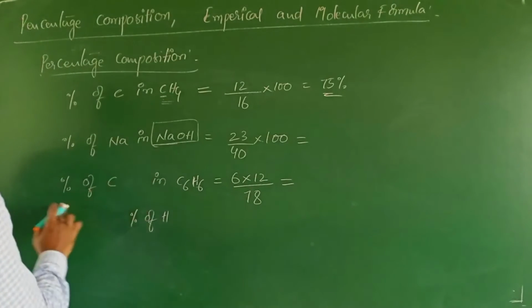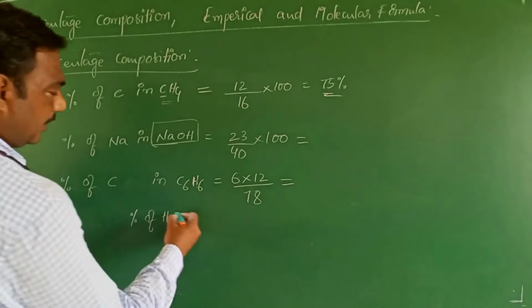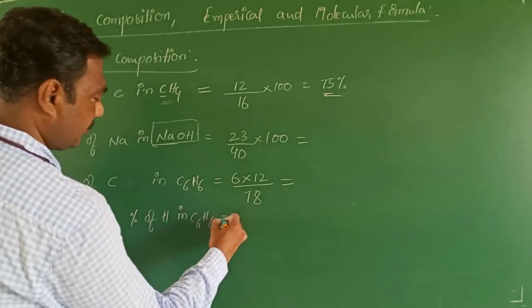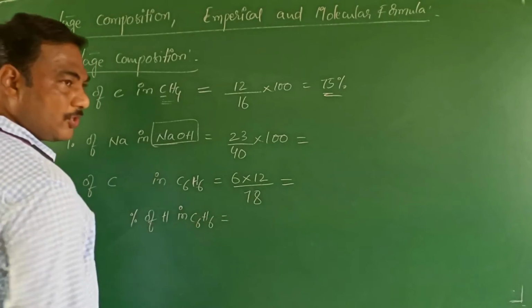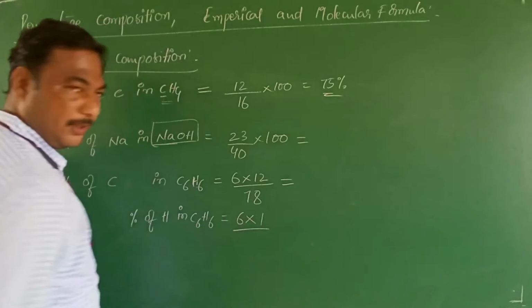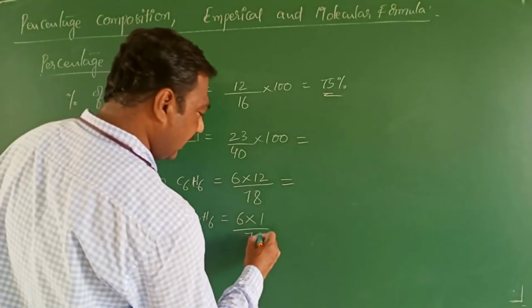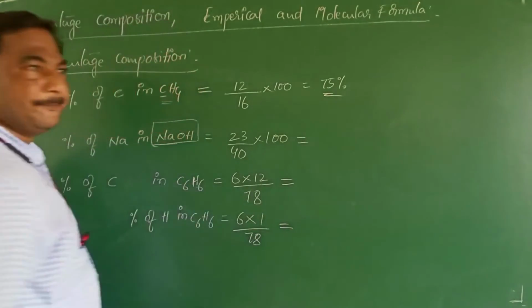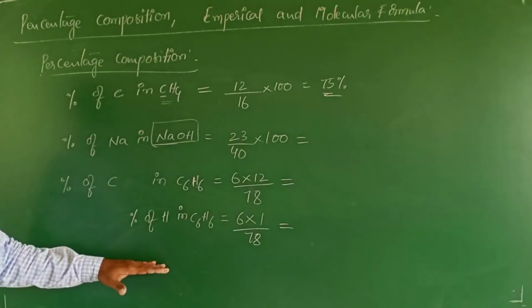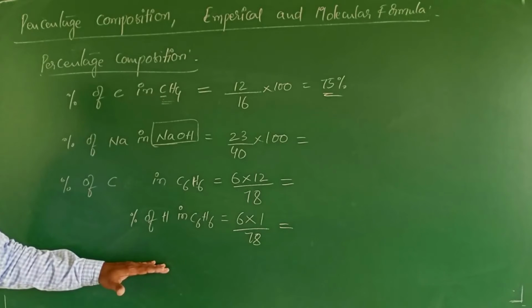Percentage of hydrogen in benzene is equal to the number of hydrogens. How many are there? 6. 6 into atomic weight 1 divided by 78. You will get the answer here. That is what we call percentage composition.